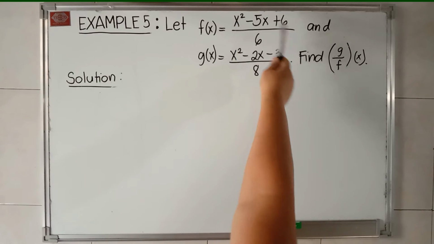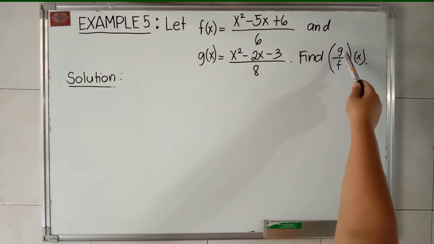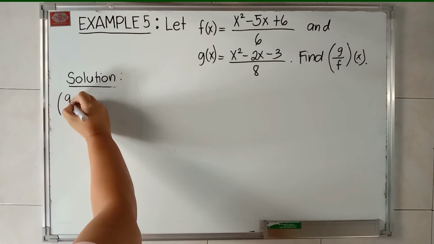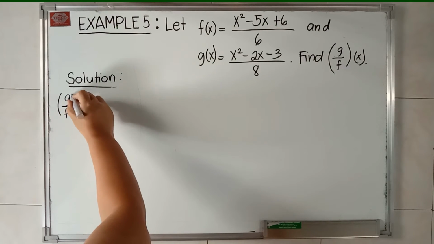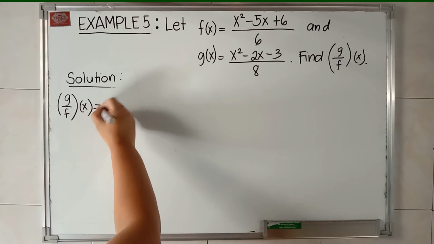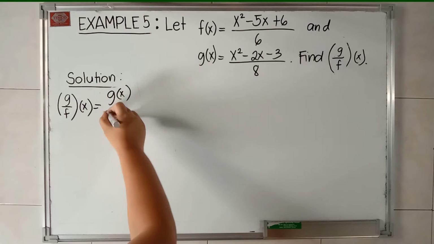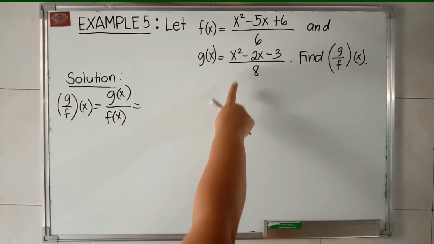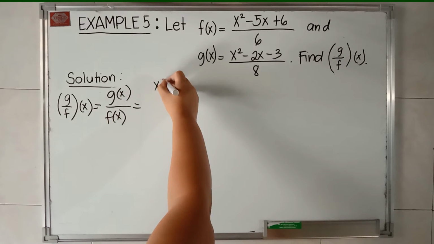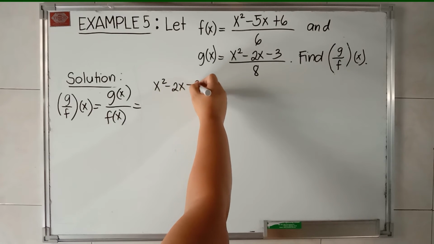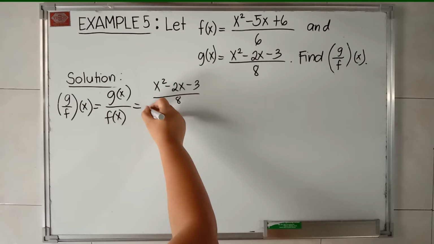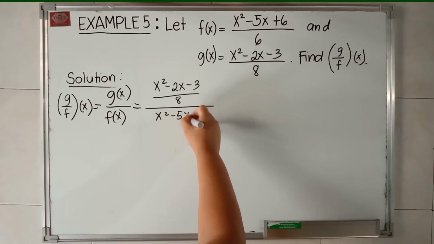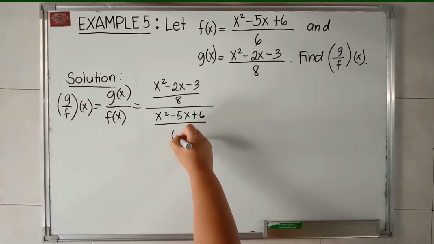So let's continue example 5. We have to find g over f of x. So from the definition, we have g of x over f of x equals x squared minus 2x minus 3 over 8, that is g of x, all over x squared minus 5x plus 6 over 6.